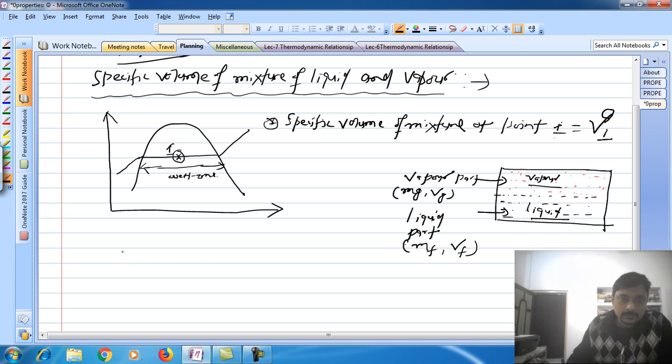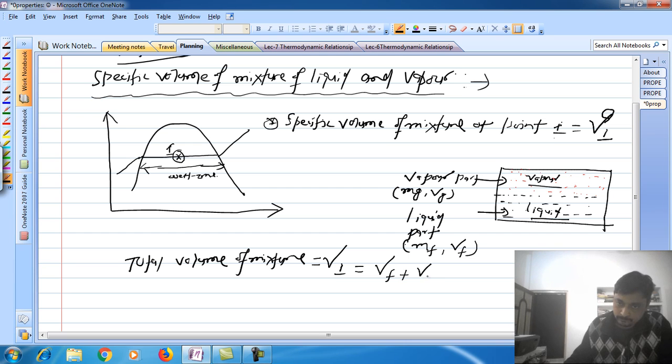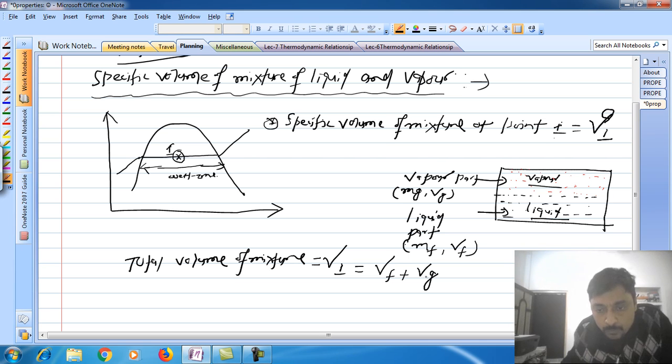So it can be said that the total volume of the mixture is equal to V1. This is equal to the volume of liquid plus the volume of vapor. So the total volume of the mixture at point 1 consists of liquid and vapor, so the total volume will be the volume of liquid plus the volume of vapor.